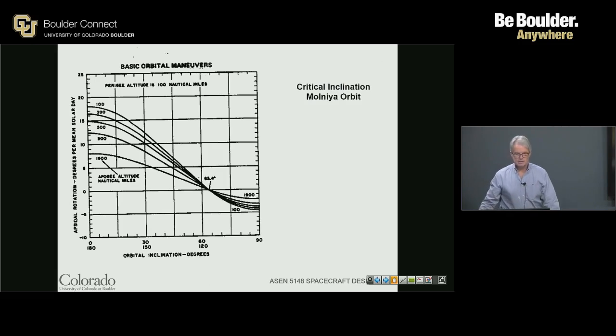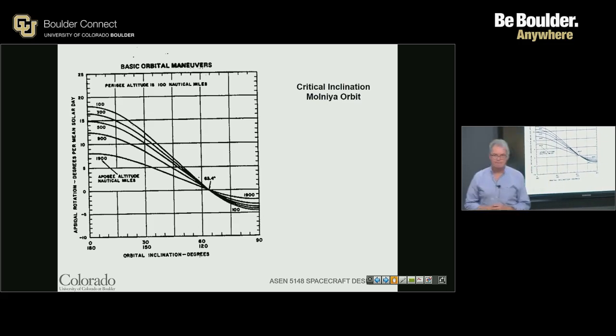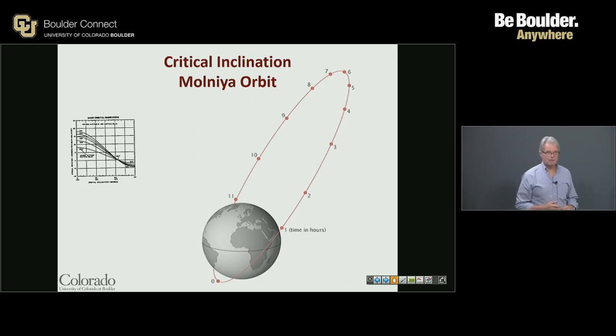Okay, what's interesting is that the inclination is what we call a critical inclination at 63.4 degrees, and it just happens to match the longitude of the Russian launch site. It's called the Molniya orbit.